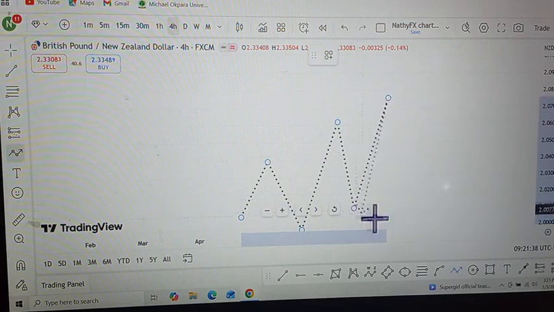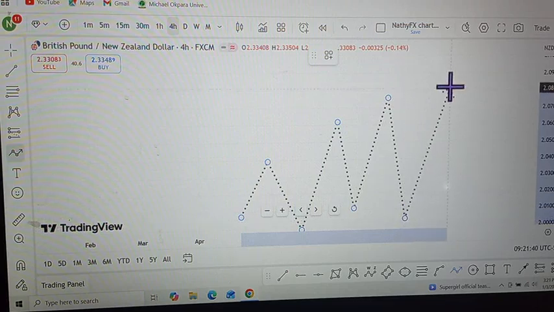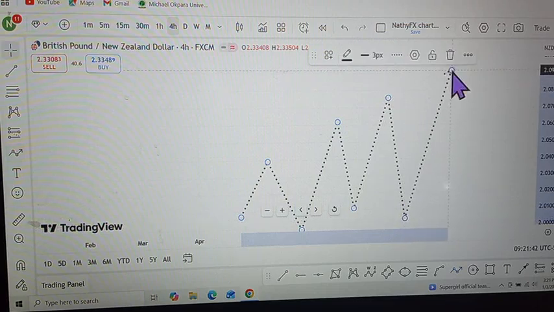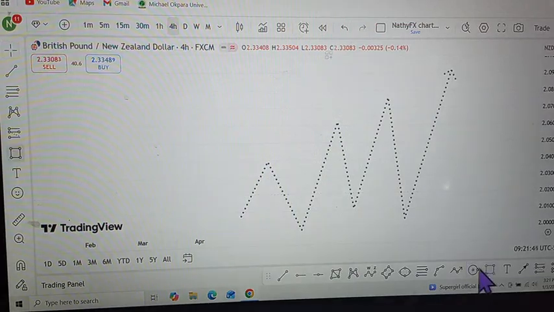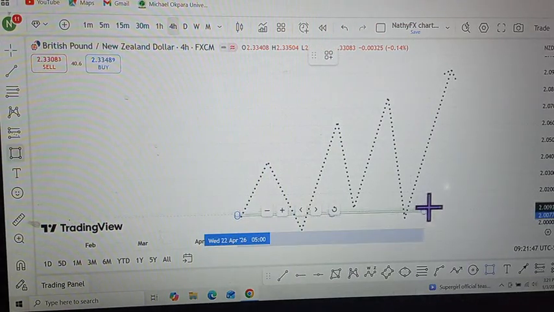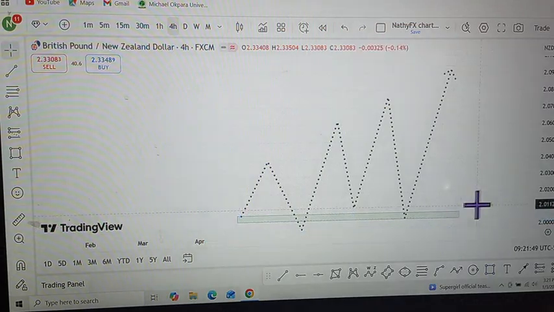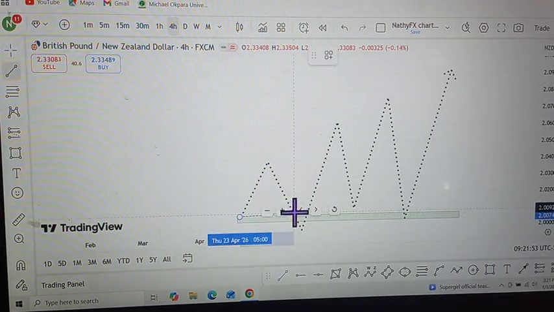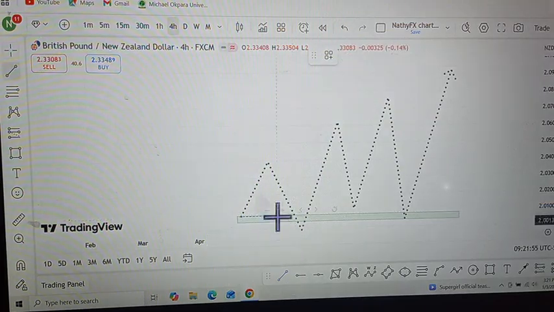Then we want the market to sweep it and tap into our POI and buy off. That is in this scenario.